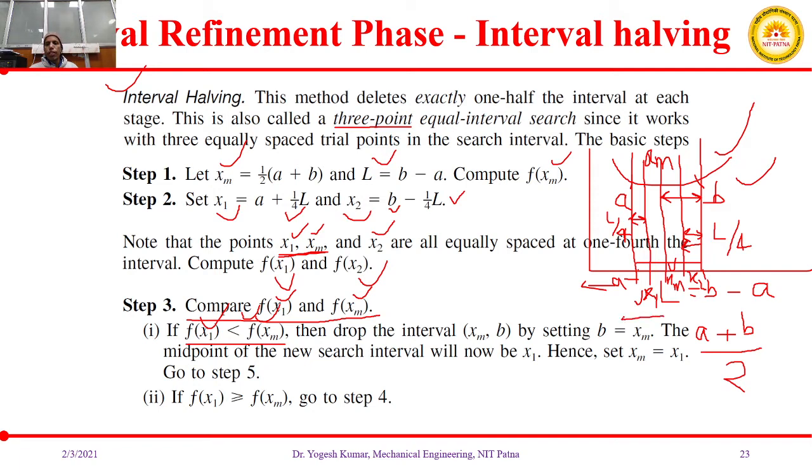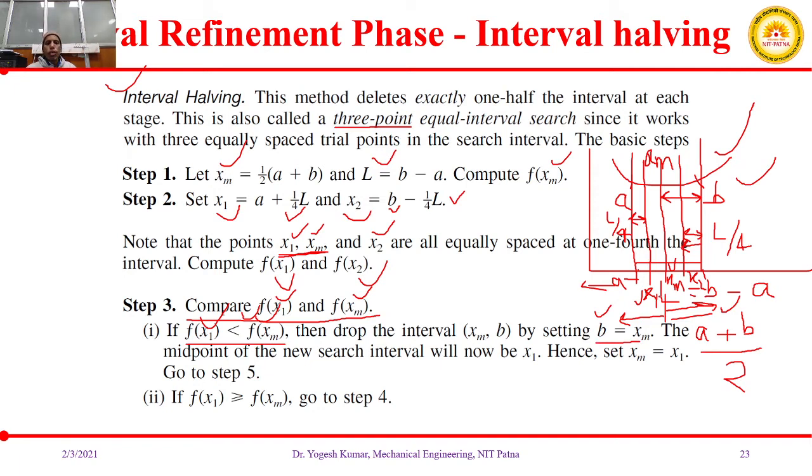So we can conclude that the region between xm and b needs to be eliminated or dropped. So we will drop the interval (xm, b), and we will set the new value of b equal to xm.